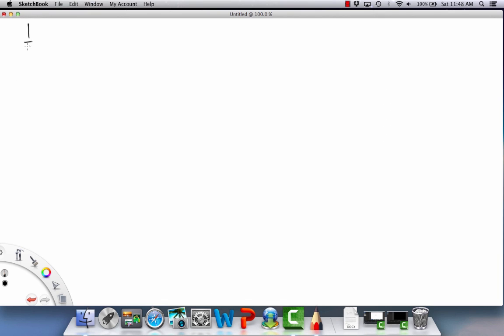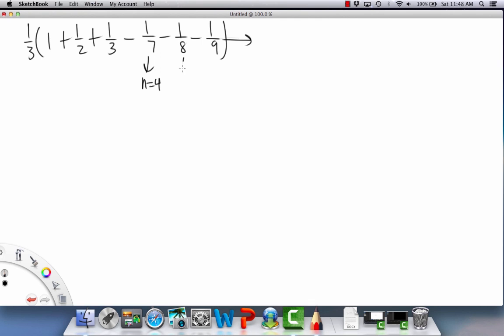So as I was saying, we have something like this, right? Plus 1 over 3 minus, and this is a negative 1 over 7, minus 1 over 8, minus 1 over 9. And then etc. As n goes to infinity, then we could just assume it's going to be negative 1 over 10, negative 1 over 11, etc. But the way this was n equals 4, right? That's what we said.